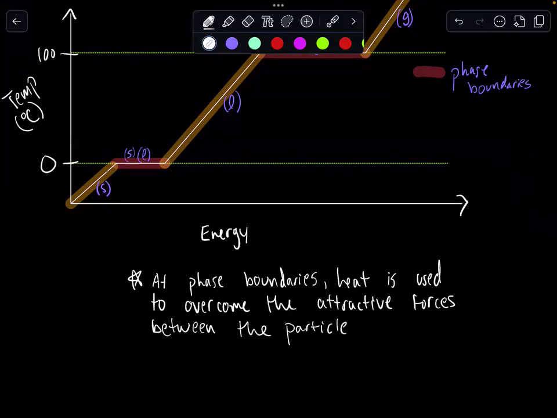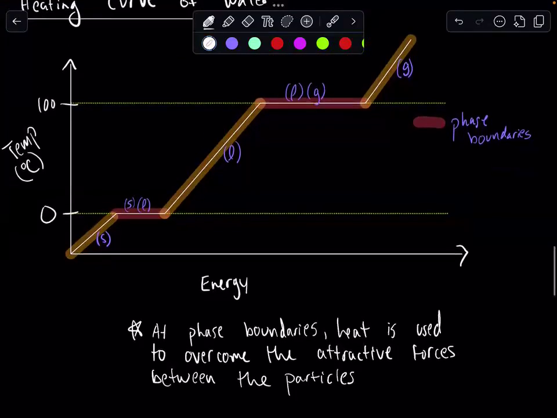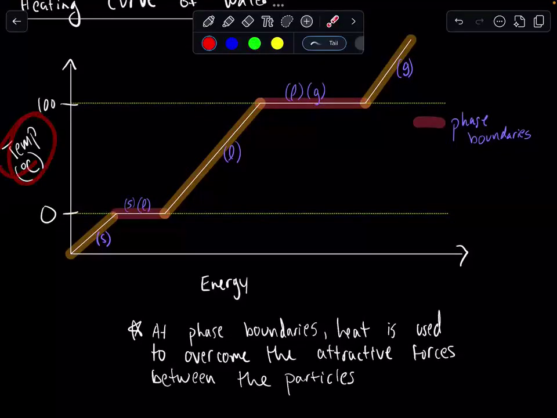And that's why the temperature doesn't increase. The heat doesn't go to raise the temperature. No, no, no. The heat goes to start breaking bonds in the solid or the liquid state.